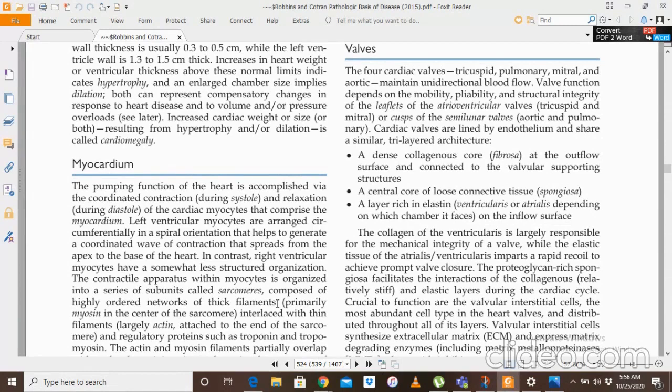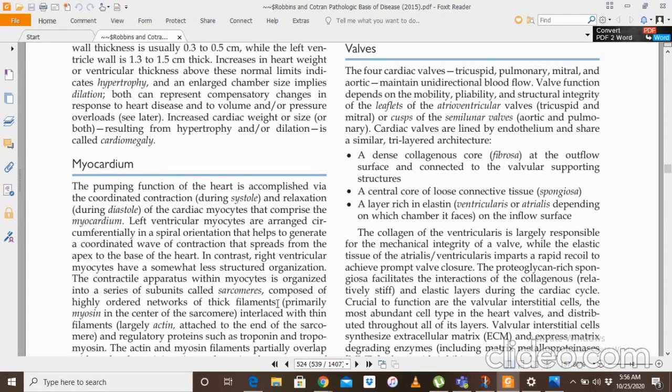The contractile apparatus within myocytes is organized into a series of subunits called sarcomeres, composed of highly ordered networks of thick filaments, myosin, in the center of the sarcomere, interlaced with the thin filaments, largely actin, attached to the end of the sarcomere. The sarcomere is the contractile unit of the myocytes.